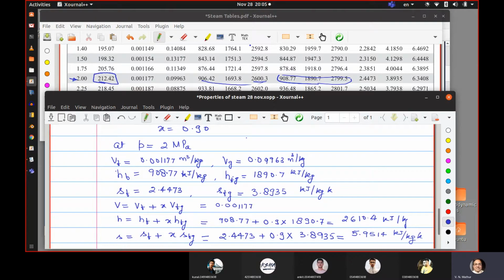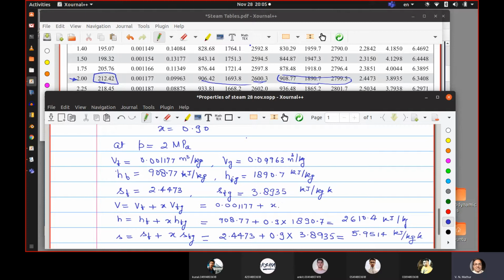It will start from the third figure after the decimal. And it's not Vf, it's not Vfg, it's Vg.